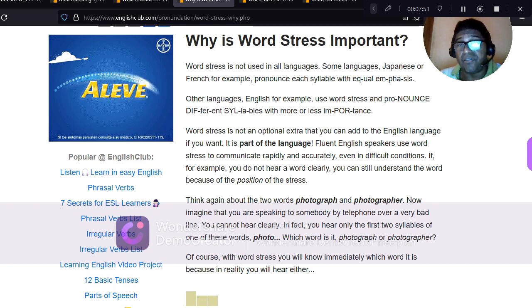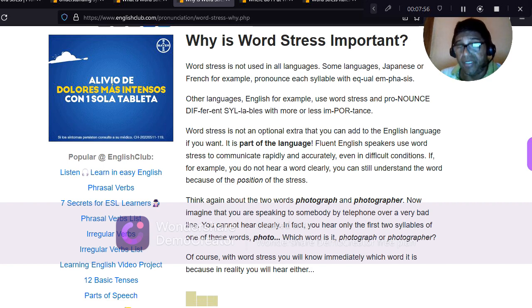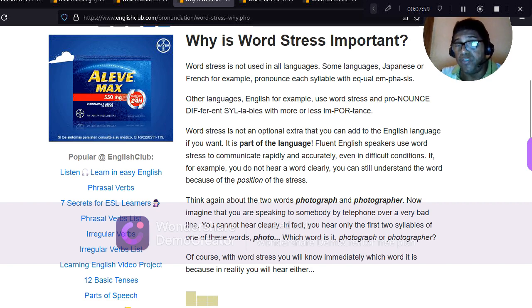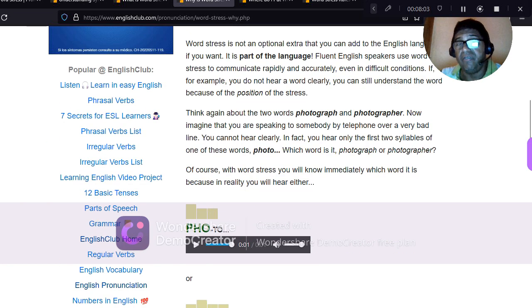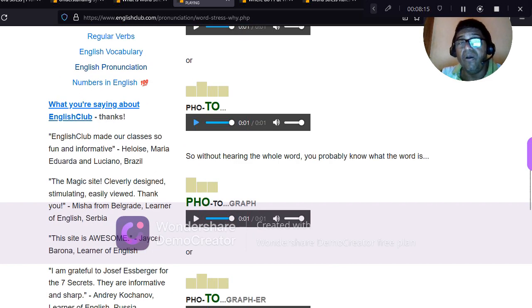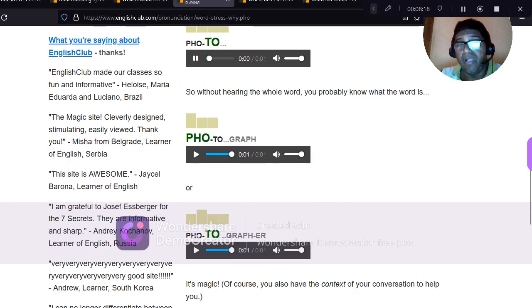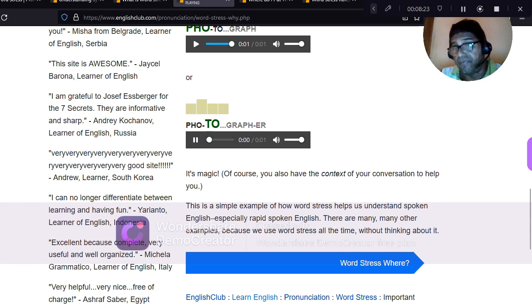In fact, you hear only the first two syllables of one of these words. Photo, which word is it? Photograph or photographer? Of course, with word stress you will know immediately which word it is, because in reality you will hear either photo, photograph, or photographer. Word stress where?